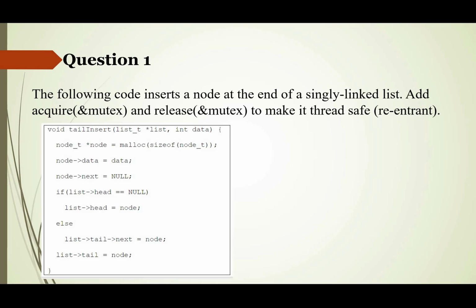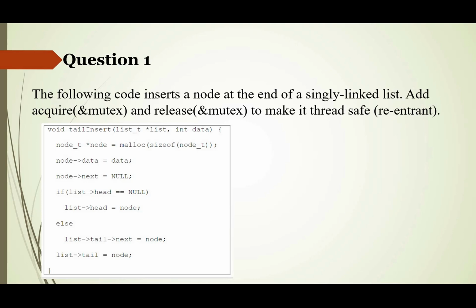So let's do a quick look over the code to see what exactly it does. We have a function which is tail insert. We allocate memory for a node, and then assign the data, one of the arguments of this function, to this node.